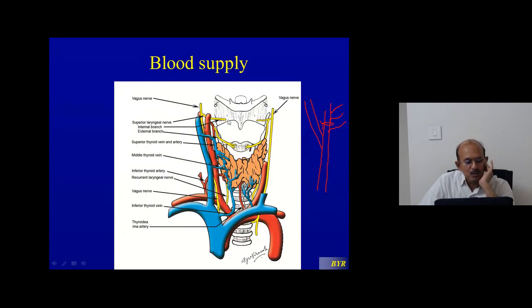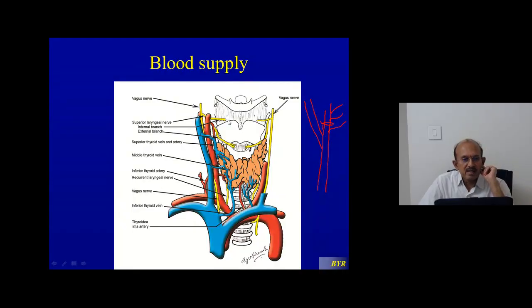Only one has given the correct answer. All the others have given wrong answers. The internal laryngeal nerve has no motor branches, either within the larynx or outside the larynx.